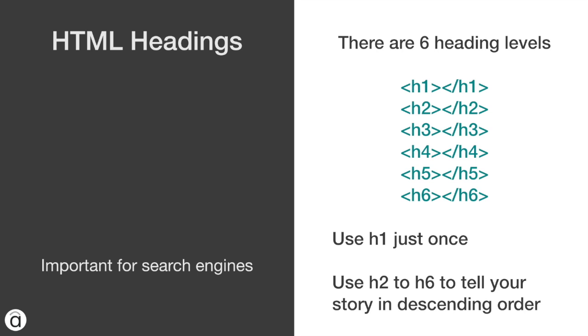Then you've got chapter 1, so that could be your H2, H3 is the title of the chapter, and then subheadings throughout that chapter could be H4, 5, and 6. So please think of headings just like that. H1 is so important for the search engines, and indeed the descending order of your other headings, H2 to 6, because the search engines will be reading those.